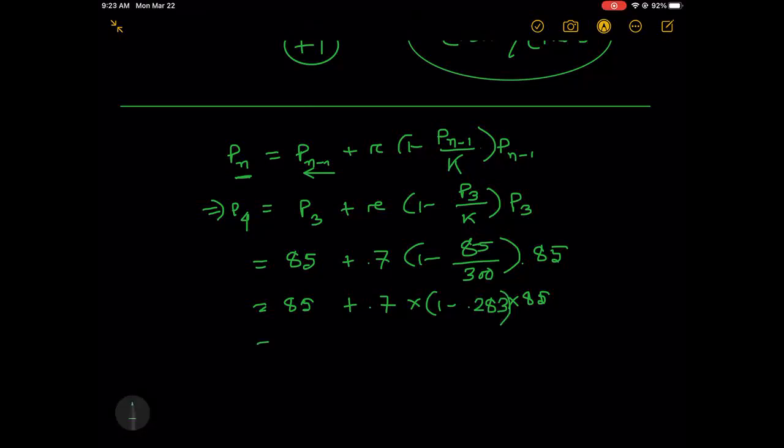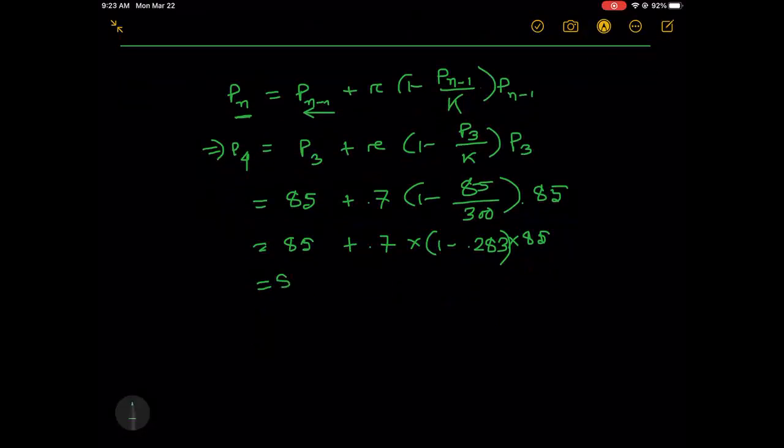Okay, I'm showing all the steps so that it makes sense. 1 minus 0.283 is 0.717. Now, if we multiply it by 0.7 and 85, we get 42.6615.